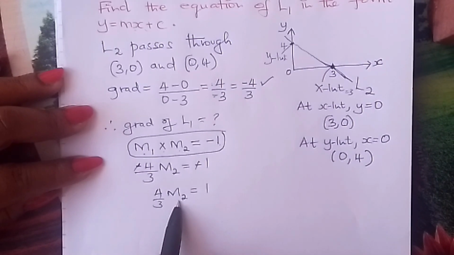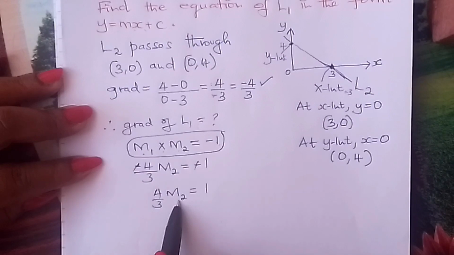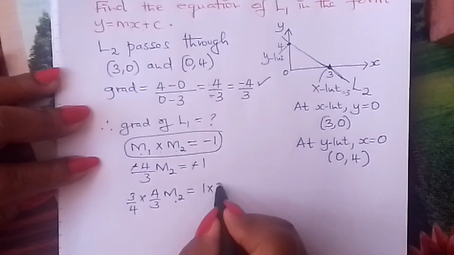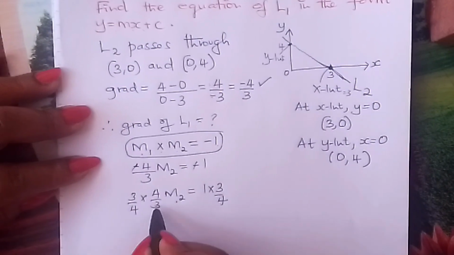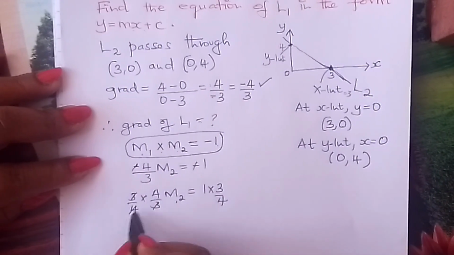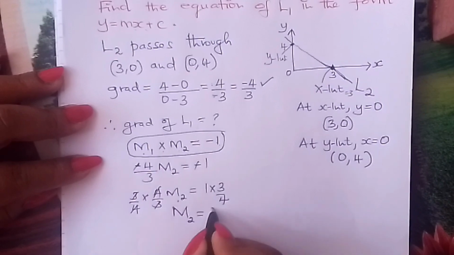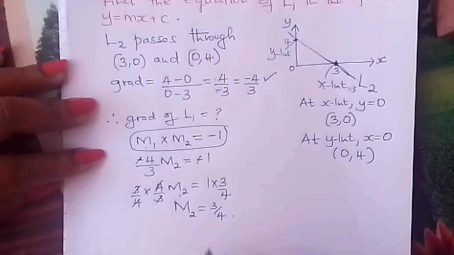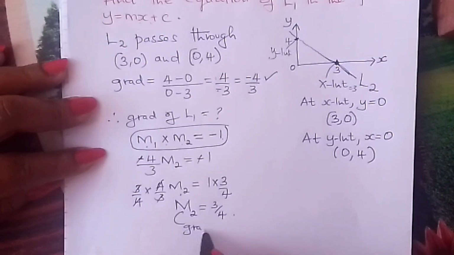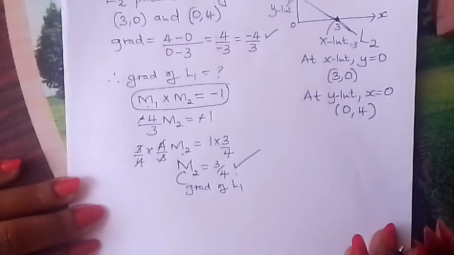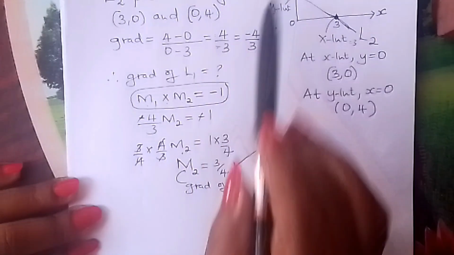To make this the subject, multiply with the reciprocal on both sides. This will cancel out, that will cancel out. And therefore your m2 is 3/4, the gradient of L1. Good.